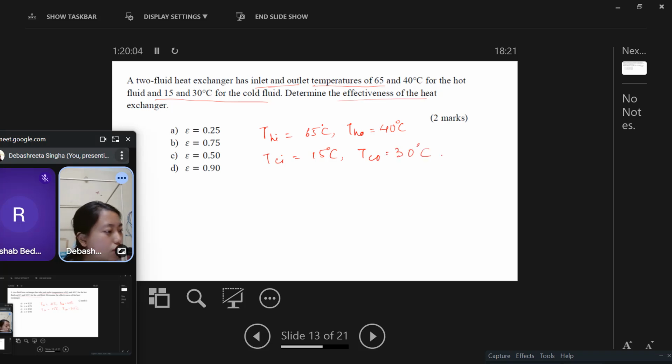Determine the effectiveness of the heat exchanger. What is the effectiveness of a heat exchanger? It is Q by Q max, right? Yes, Q by Q max.